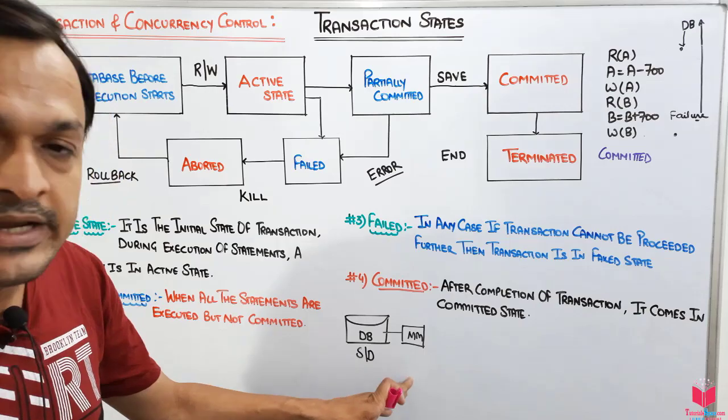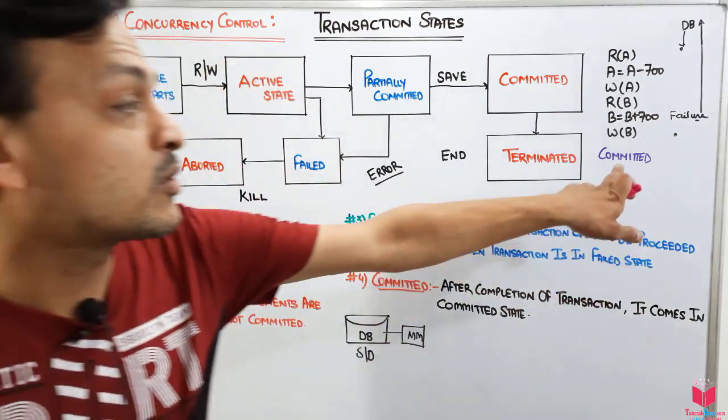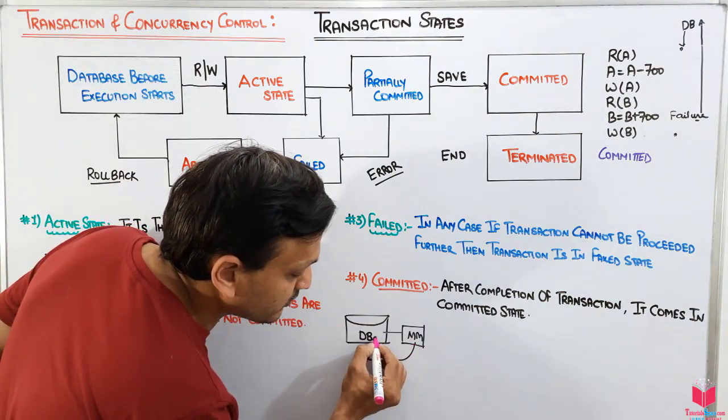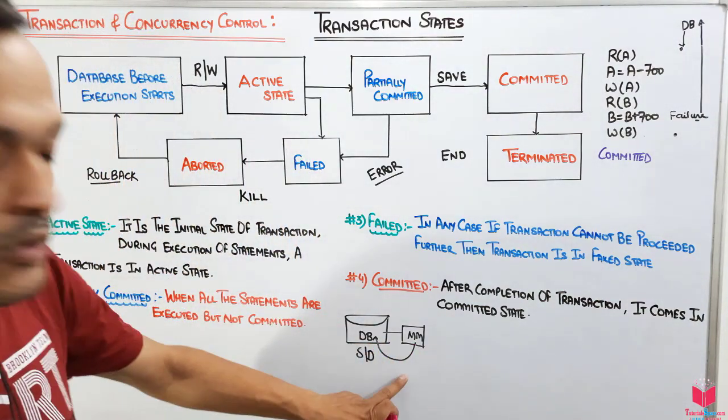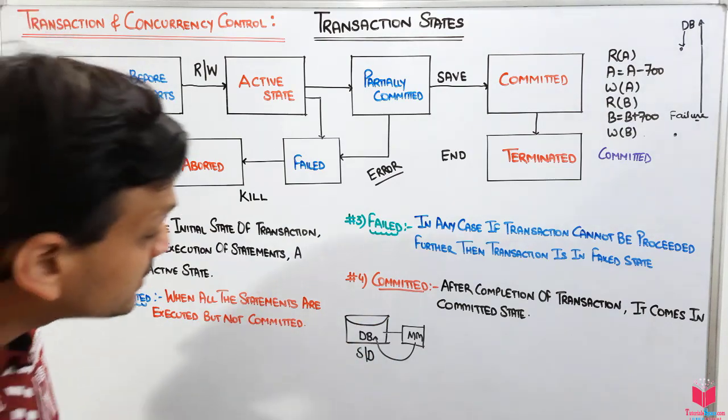All the read, write and other operations are done on the main memory. But when we commit, all the changes are saved back to the database. This is the committed state. Okay guys, so we save those changes in the database.